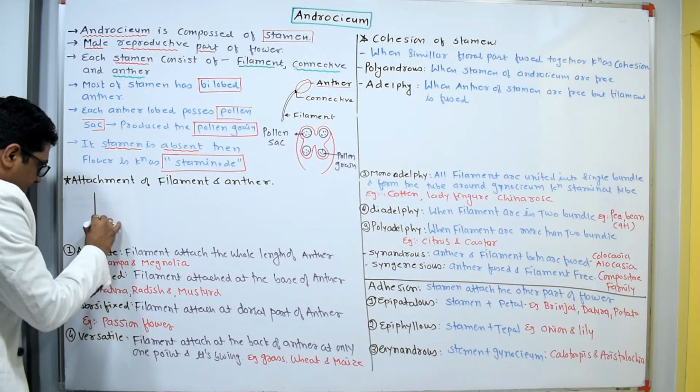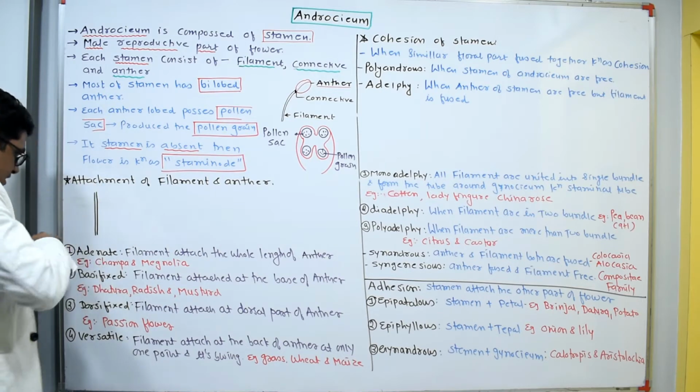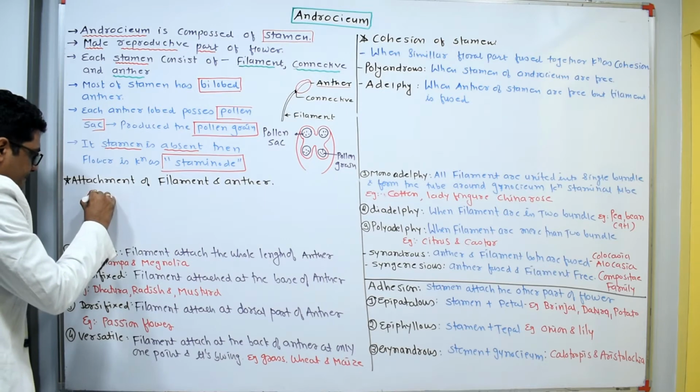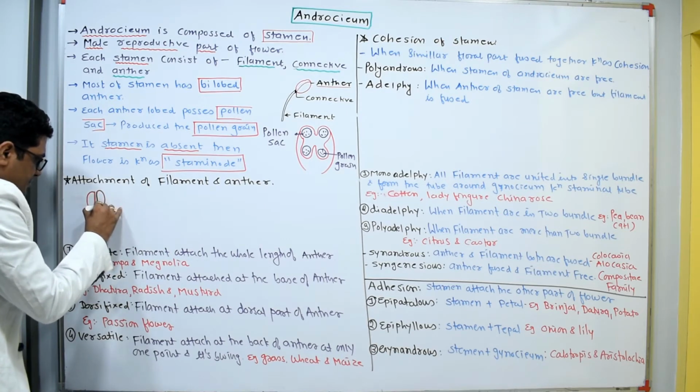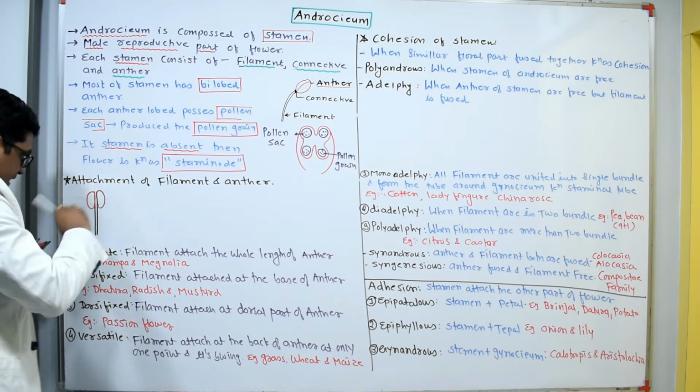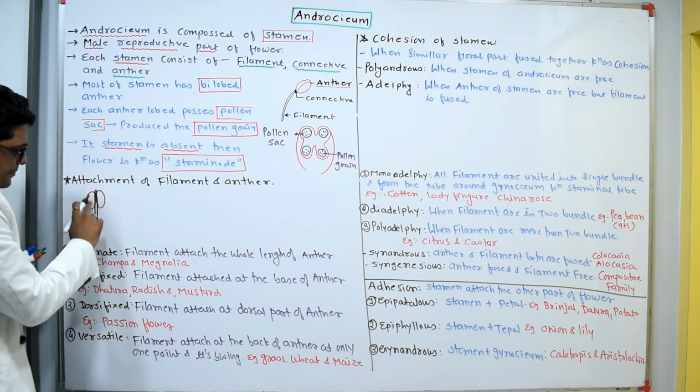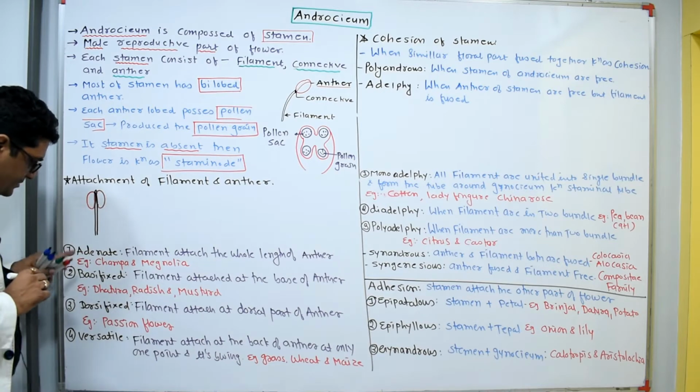The second one is basifixed. Suppose this is the anther, the filament is attached like this at the base. This is called basifixed. The third one is dorsifixed.